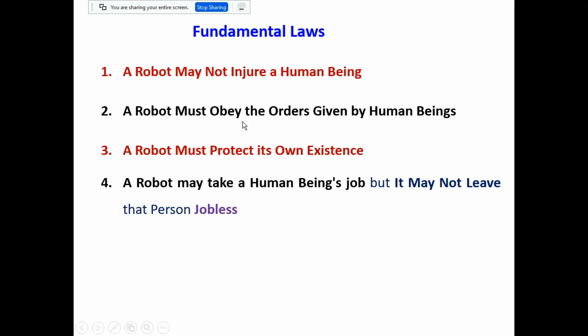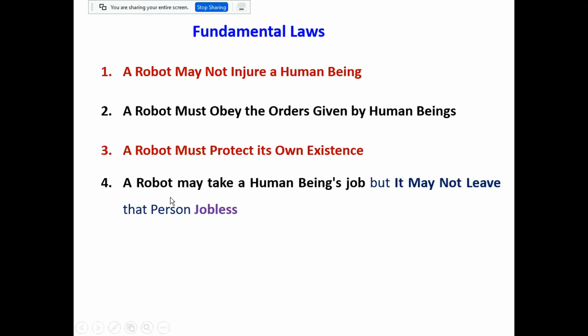A robot must obey the orders given by human beings, except when such orders would conflict with the first law. Third, a robot must protect its own existence as long as protection does not conflict with the first and second laws.